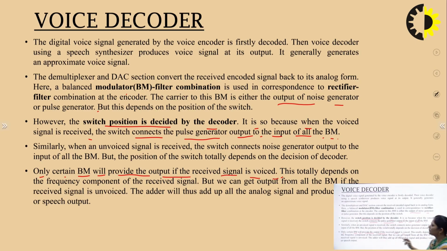This totally depends upon the frequency component of the received signal. Obviously, the frequency component, if it lies in the voiced or unvoiced range, then accordingly it will be controlling the switch. But we can get output from all the balance modulators if the received signal is unvoiced. The adder will thus add up all the analog signals and produce the voiced or speech output.